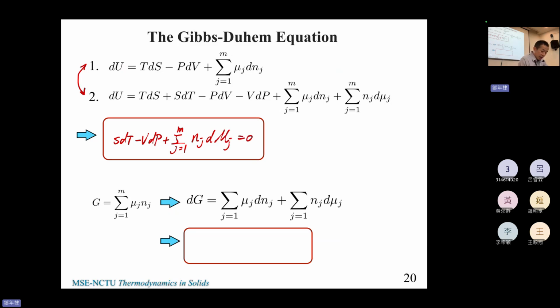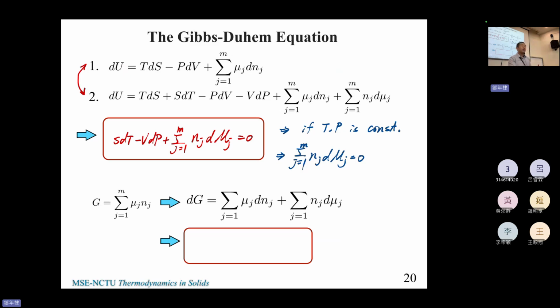Okay, and mostly in our experiment, or you can say Gibbs free energy condition, if T and P are constant, then sigma j equal to 1 to m, nj d mu j equals 0.